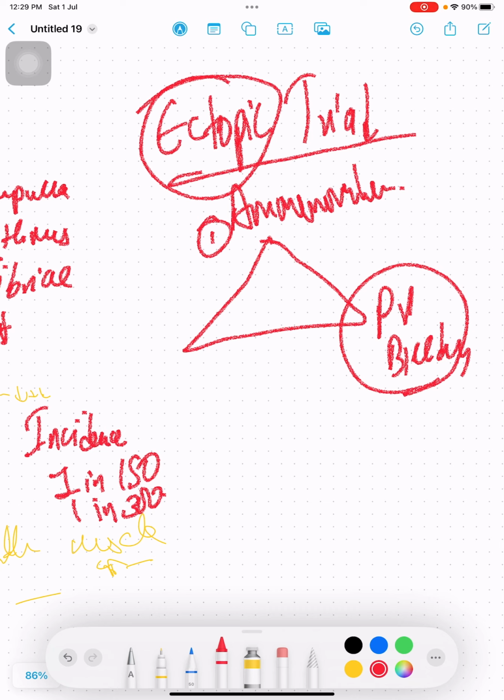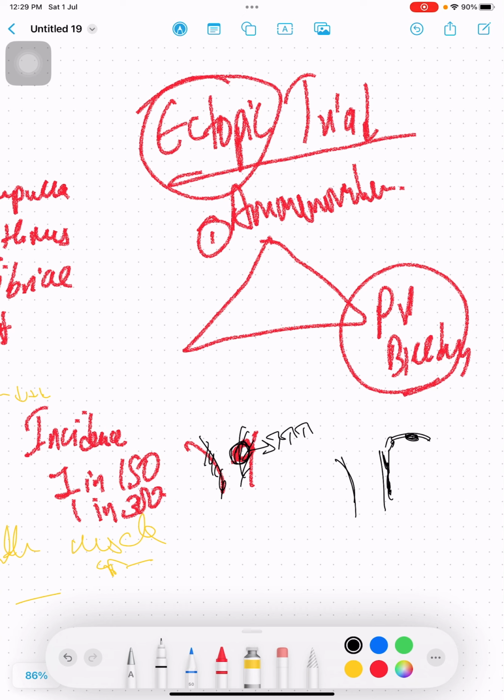Let me make it more simple. Suppose this is your uterus, and there's an implantation over here. Of course there will be thickening, and the thickening in the intrauterine case will be much higher than in an ectopic pregnancy. Suppose implantation is in the fallopian tube, then the thickness will be a bit low.